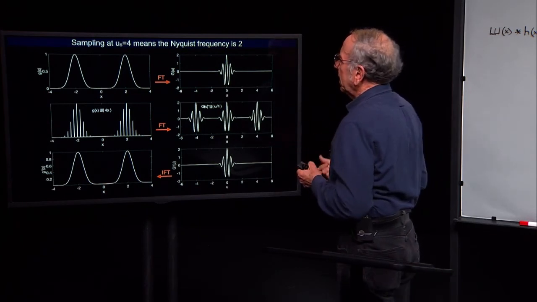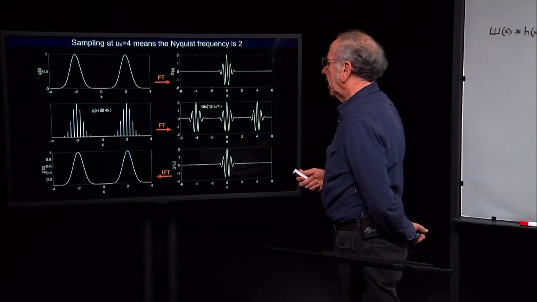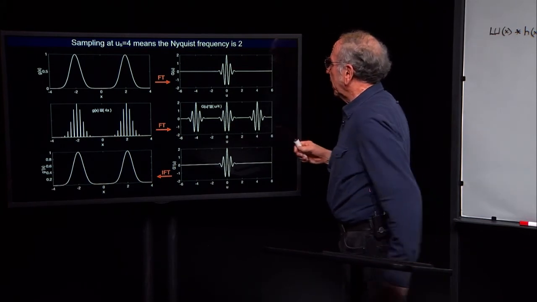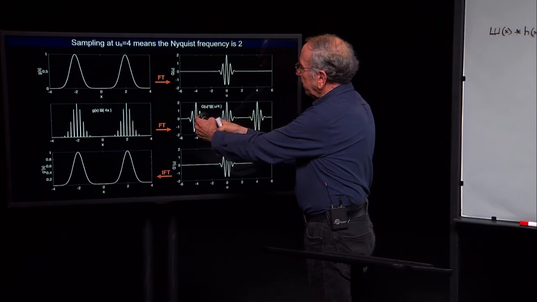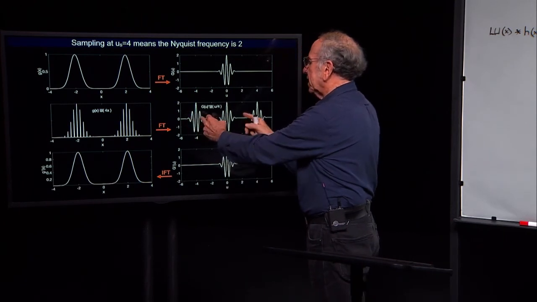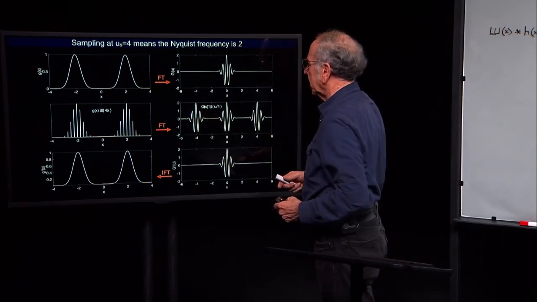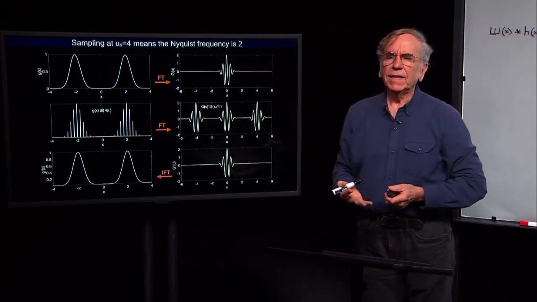So what is going to be the criterion by which we set the sampling rate? Well, it's the criterion where there is no overlap between the Fourier transform at the origin and the Fourier transform displaced by 1 unit on either side. Because if there is overlap, we get a phenomenon called aliasing.